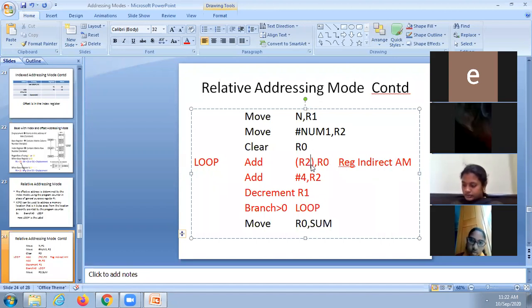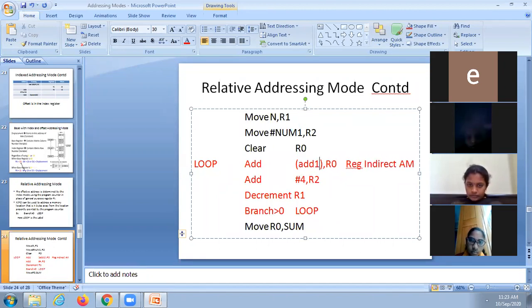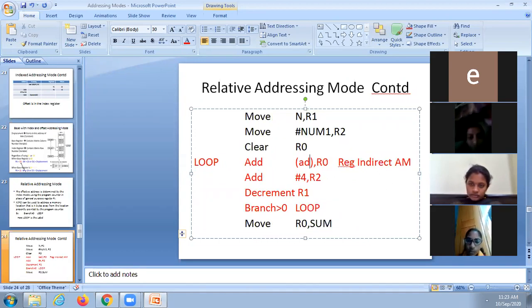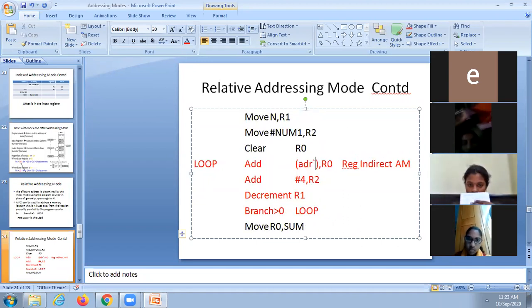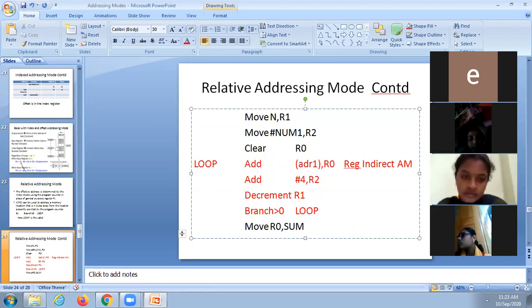Suppose here instead of R2, there is some value, some address ADR1. Then in this case, what is it? Now, what type of addressing mode is it?